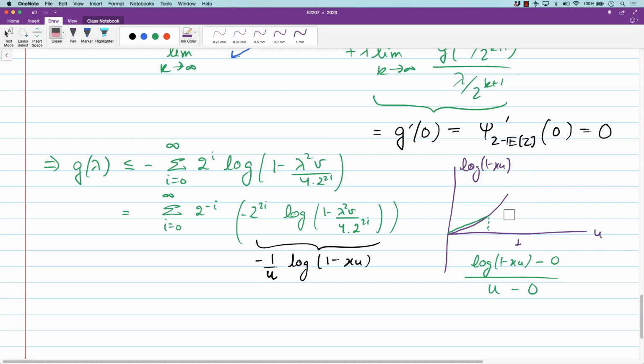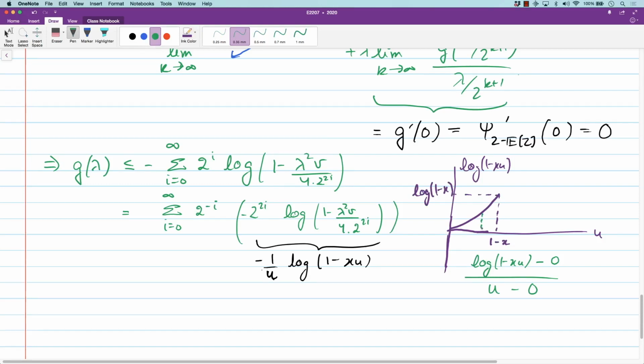So this function now will truncate at a particular point. Let's see where it truncates. It looks like this, but it stops here, which is at 1 minus x, and at this point its value is log of 1 minus x.